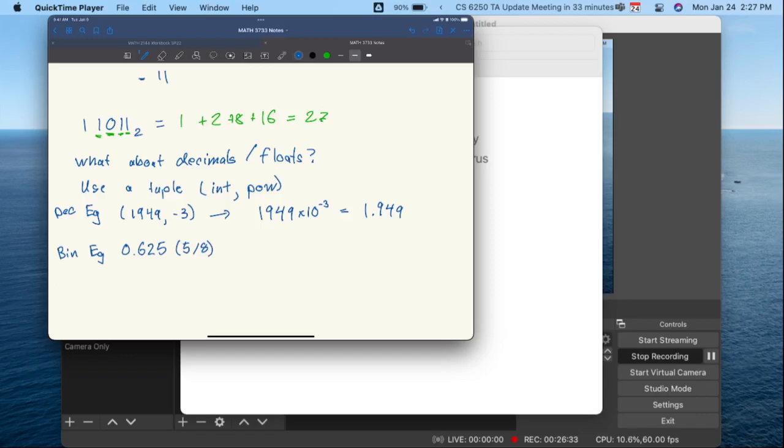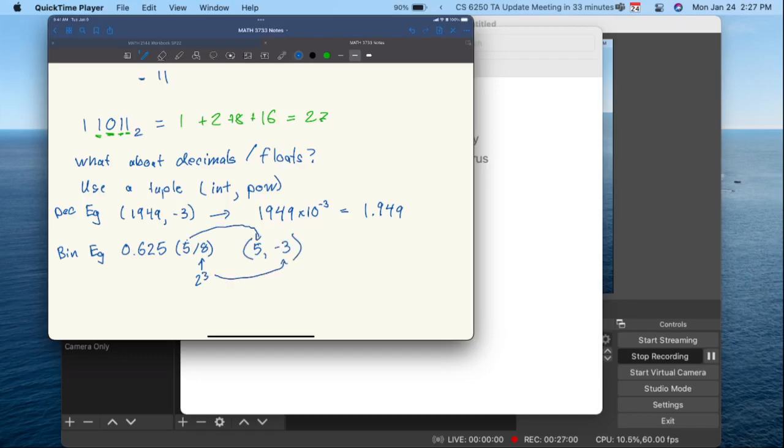Well, if we think about what we've encountered so far, we need the 5. So the 5 is going to be right here. And then we're also going to need, let's think about this, if we're doing binary, 8 is 2 to the what? 3. So this is 2 to the third. So we're going to take the 5 right here, and the 3 right here.